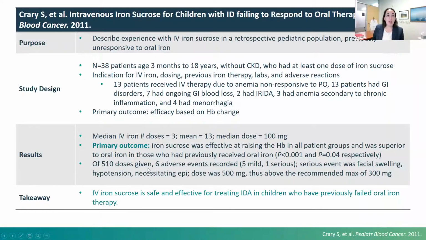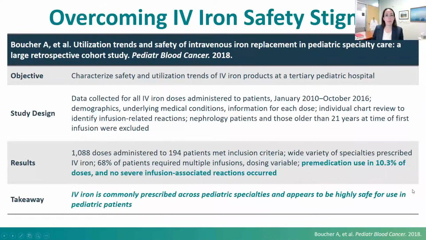Of these patients, there were 500 doses given total and only 6 adverse events. So it is very safe, which is really appealing. It's pretty affordable and it is covered by most insurance programs. A few years ago, the group at Cincinnati wanted to look at IV iron safety and stigma, really trying to overcome some of the barriers to use of IV iron therapy because of the historic rates of high reactions. This group was looking at all the IV iron doses given at their center over about a 7-year period.